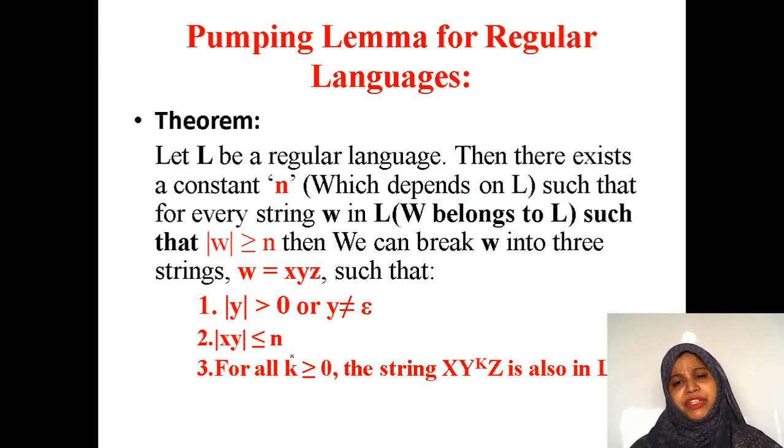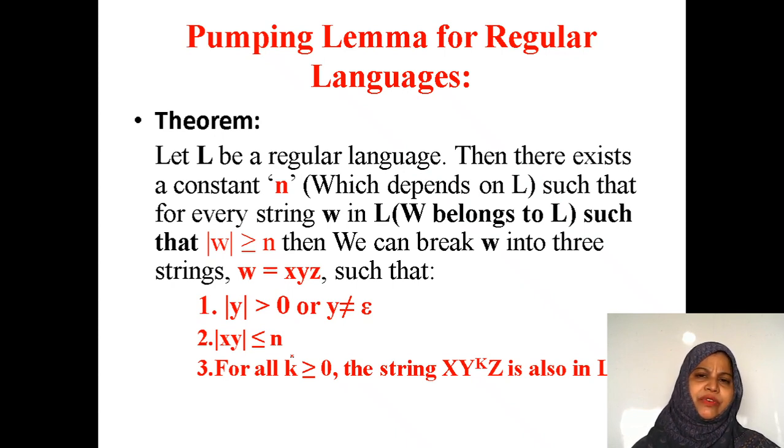Whenever you check whether any language is regular or not by using the pumping lemma, we have to follow this theorem. We take one constant value n, and one string w that belongs to L, and that string is represented in terms of three strings, w equals xyz, where y is always greater than 0 and y is not equal to epsilon.